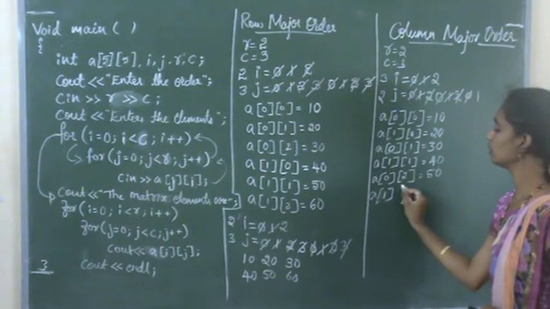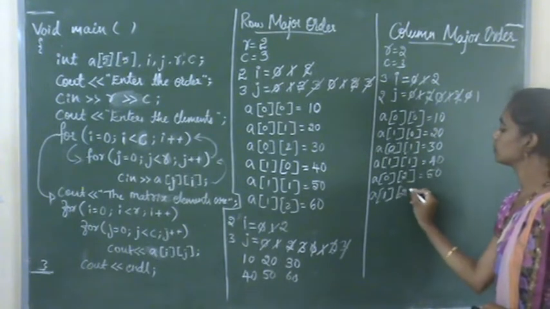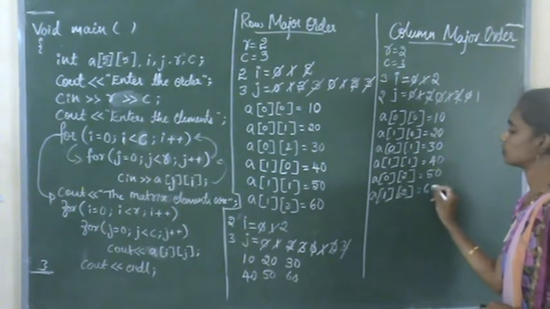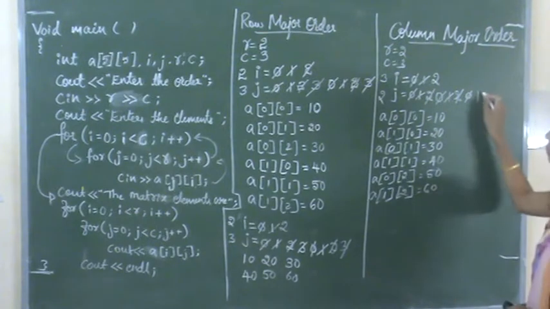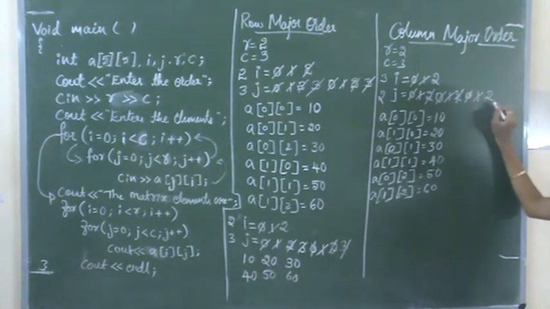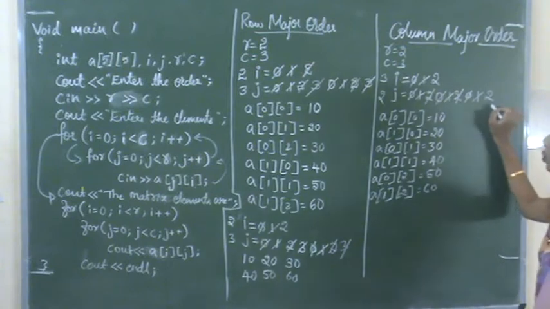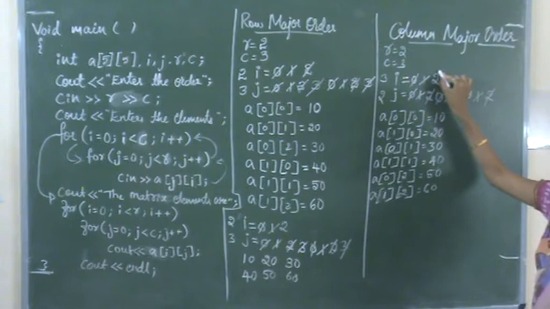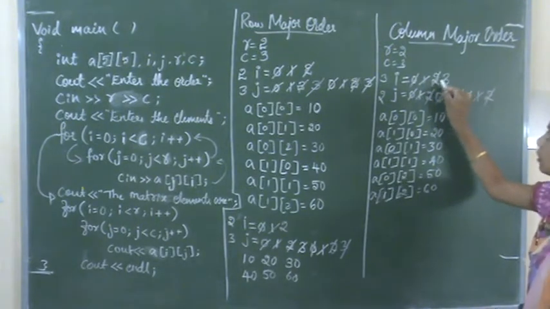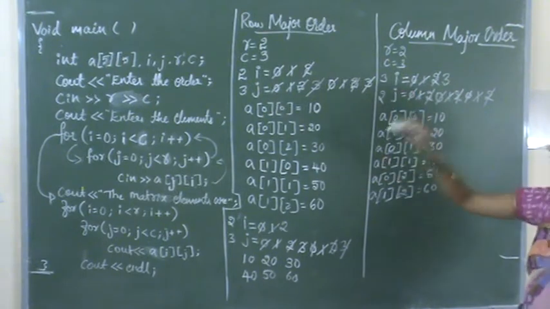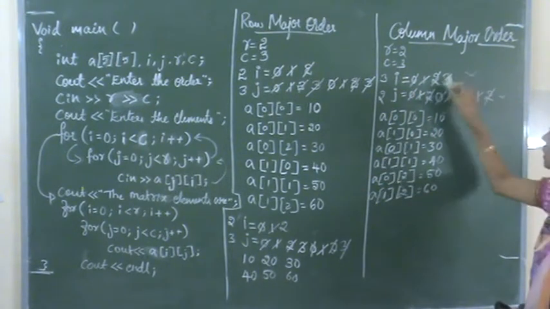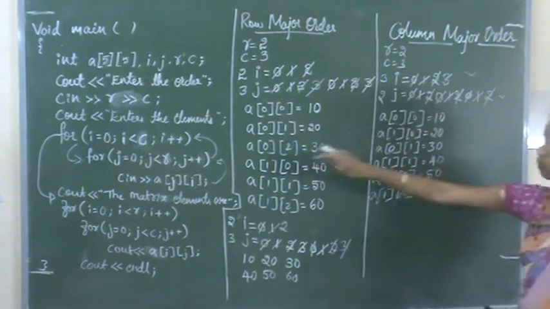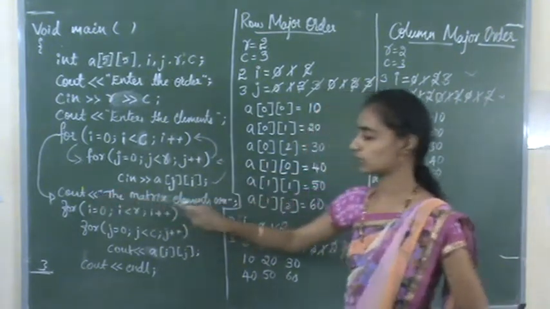J value is 1 and I value is 2. So I enter some value here. Again the loop will be repeated. Increment the J value. J value becomes 2. 2 less than 2 false. It will go back to the upper for loop. Increment the I value. So I value becomes 3. 3 less than 3 false. Both conditions become false. It comes out of the for loop and comes here.